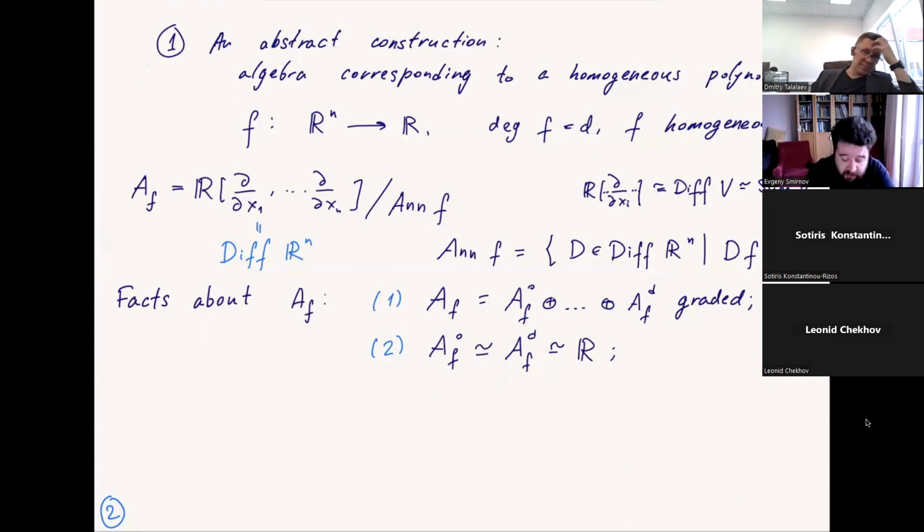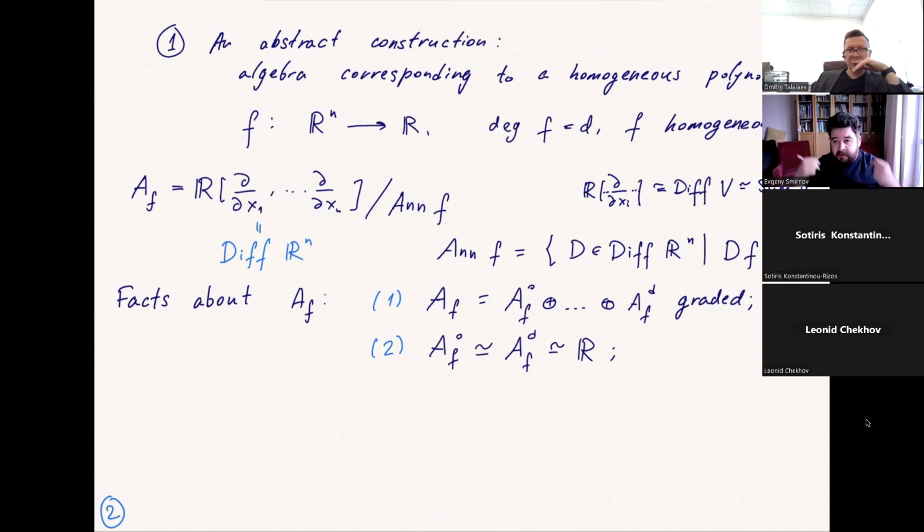These classes are indexed by numbers, and you only need to find out why it is actually R but not 0. But for this, you can say that for every homogeneous polynomial, you can find a differential operator, not of the same degree, not annihilating it, right? So you can get a non-zero constant. Well, this is easy, right? So this means that the top component and the zero component are kind of dual.